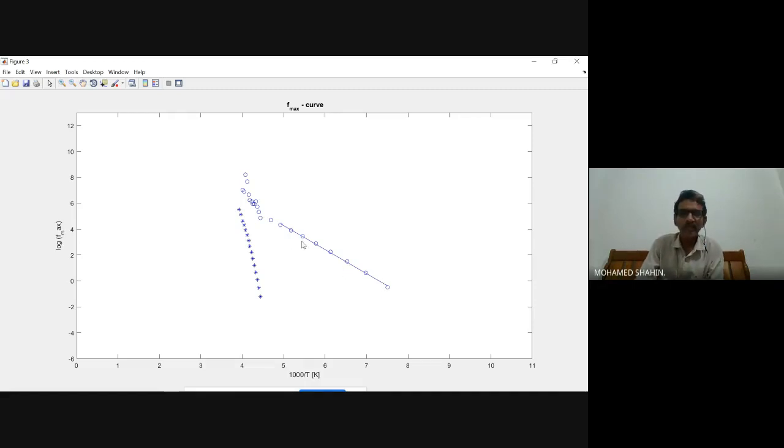Again, both processes will reach this point. This would also go to something around 10 raised to 13. Even if you don't have anything here and have only one point, you can still approximately calculate the activation energy, like it is somewhere around 10 raised to 13 and this, and you can draw a straight line from here to here. This is how we do this Arrhenius diagram.